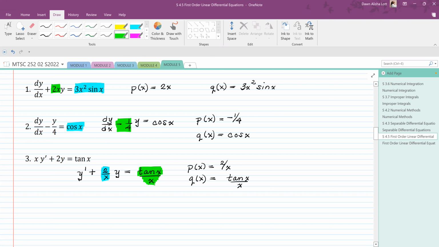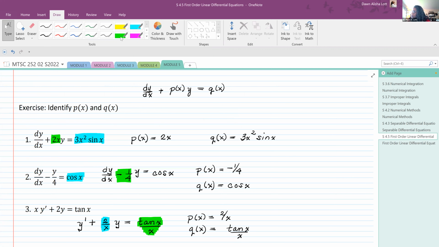Dr. Lott, anytime we mention the P of X, why do we skip out the Y? It's P of X times Y. So the Y is not included in the P of X. Do you see that?